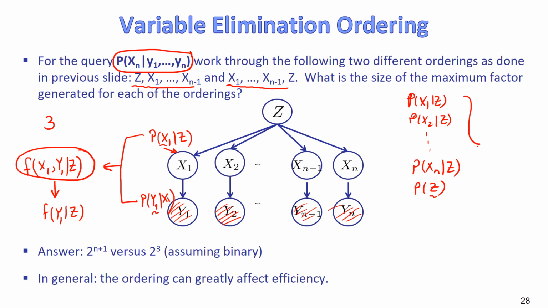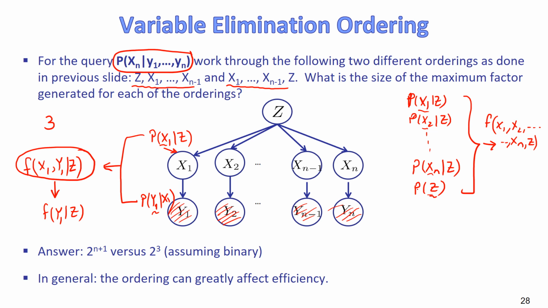Now, when we join them, what is the factor that we will get? We get a factor of all the variables, the union of all the variables that appear before the condition, which is x1, x2, up to xn, and also z, because z appeared here unconditioned.